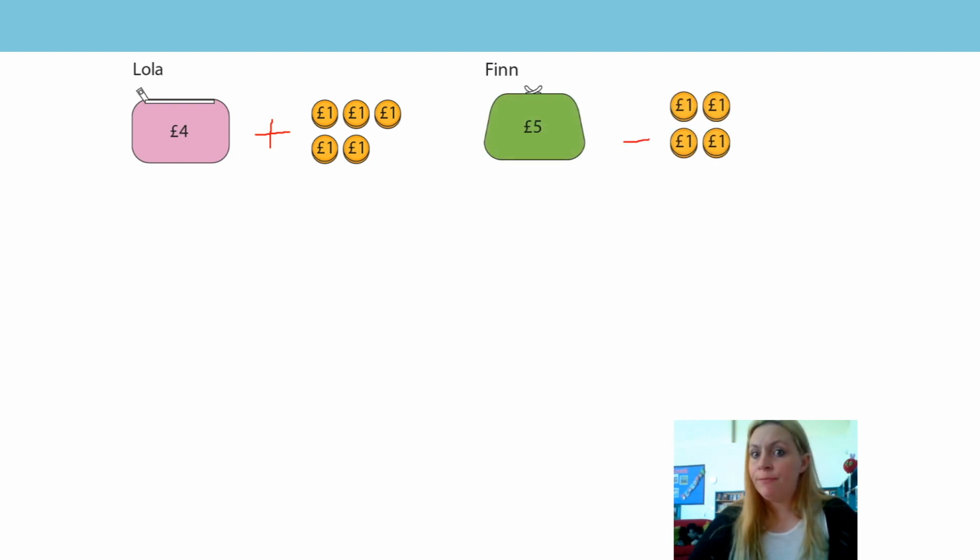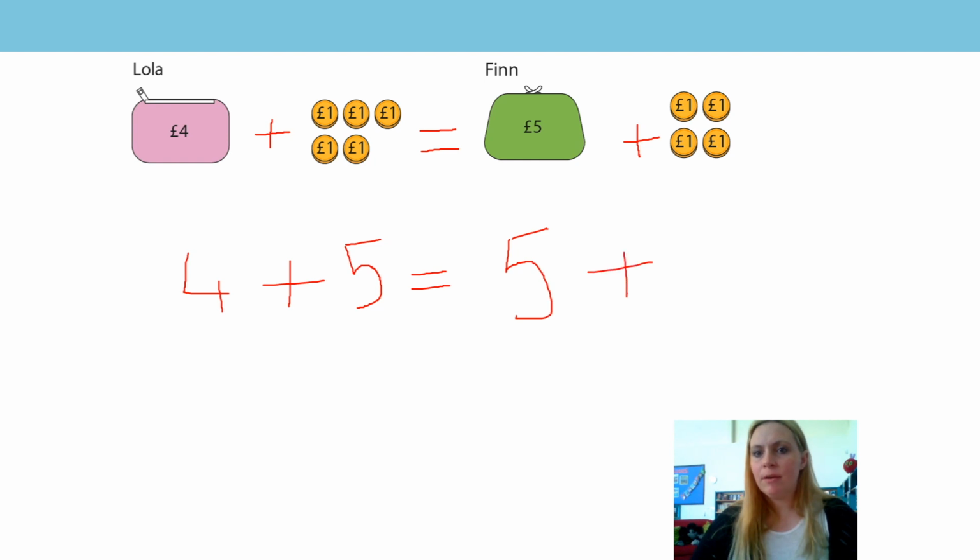Finn has £5 plus £4, and we know that they are equal. 4 plus 5 is equal to 5 plus 4.